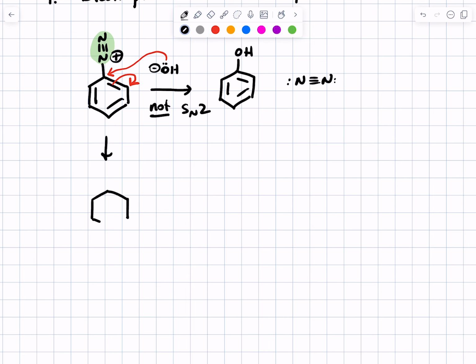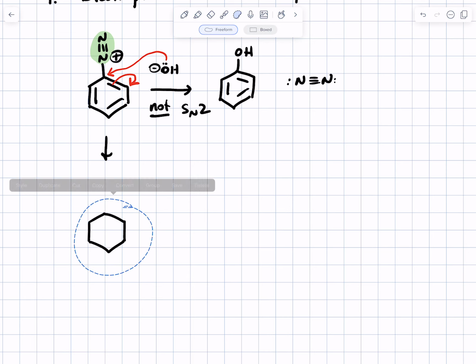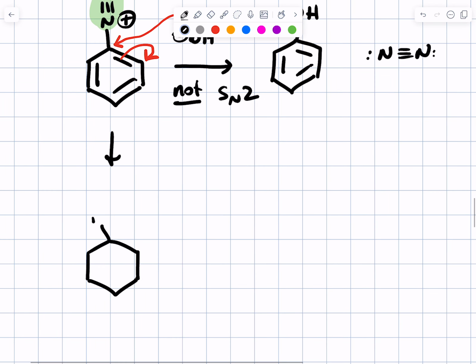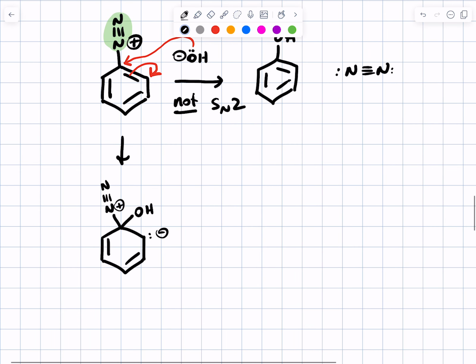This reaction doesn't normally seem reasonable, but the thing that drives it forward is the fact that the leaving group is so good. So let's draw that intermediate. The intermediate has nitrogen and OH on the same carbon, and here is the negatively charged carbon. You can see that we've destroyed aromaticity, but the anion is resonance stabilized, so that's our addition step.